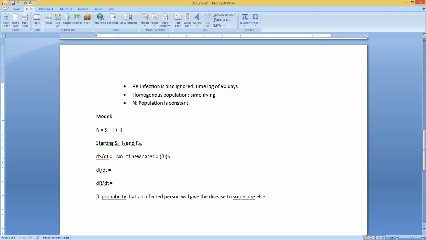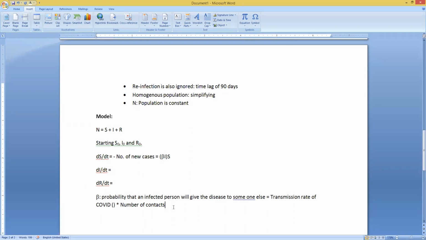What is it equal to? It is equal to two things. One is the transmission rate of COVID. By transmission rate, we mean that, okay, let me write the entire thing first. Into the number of contacts.